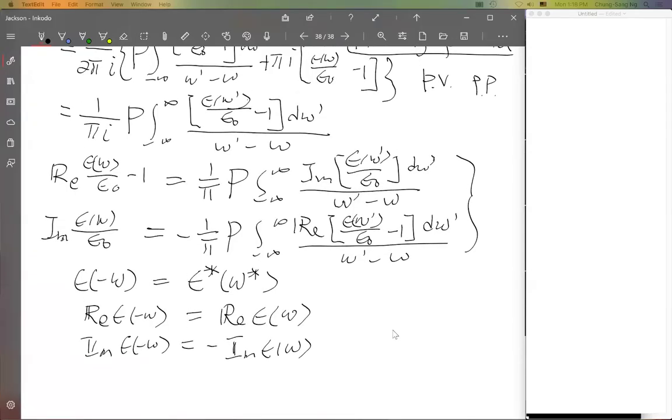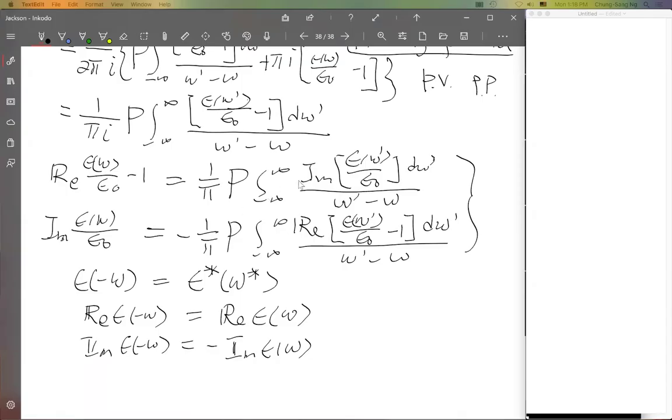Okay, so now, because the integration in the original relations is over minus infinity to infinity, you can write it out as two parts, minus infinity to 0 and 0 to infinity, and you change the integration variable in the minus infinity to 0 part to the negative of the integration variable.